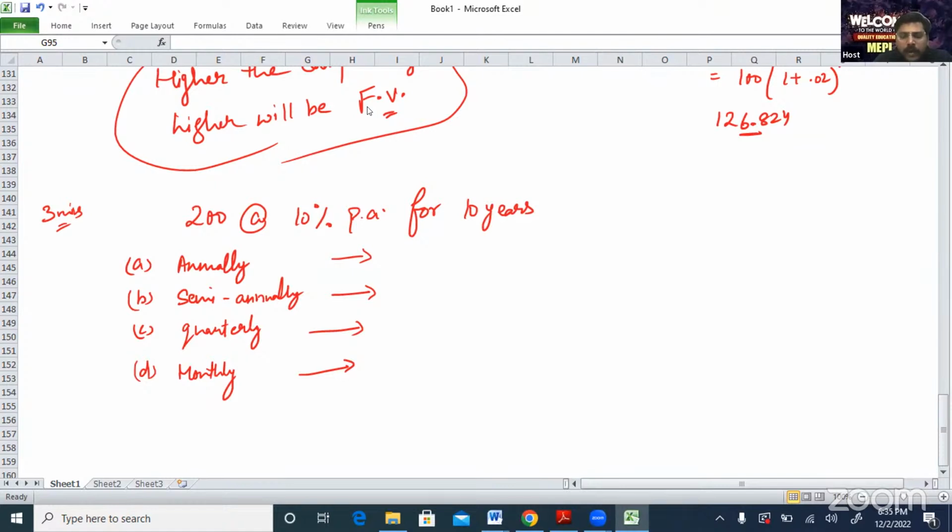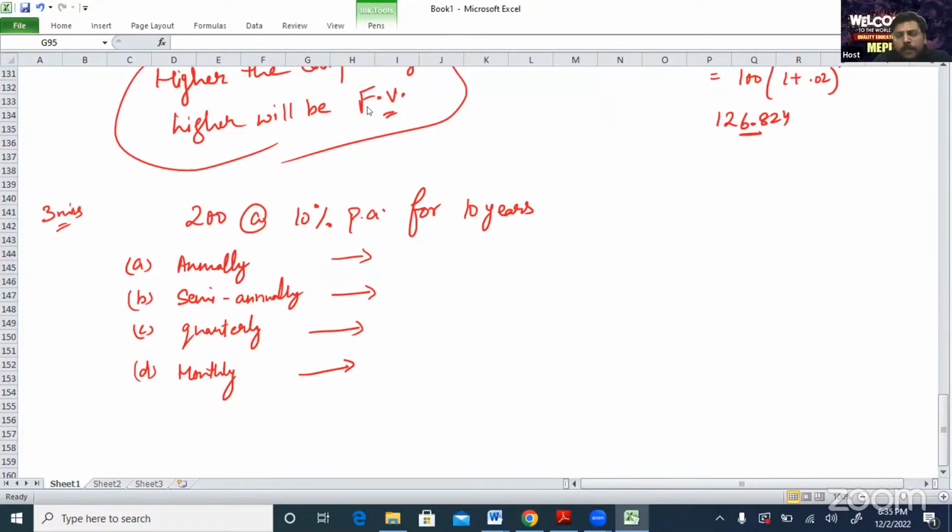Then what is my I/Y? Because there is one compounding, simply 10% is my I/Y. I will simply write down 10 and press I/Y. Then I have to talk about the present value. How much is the present value?